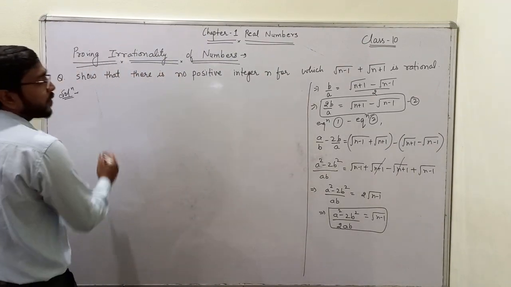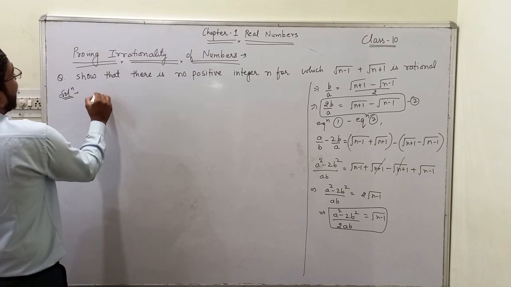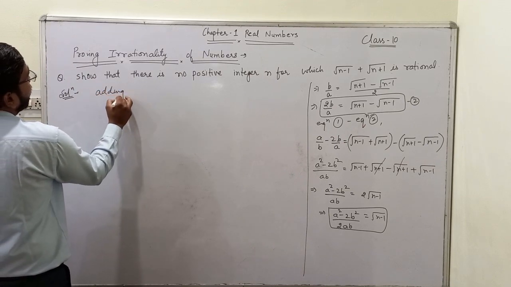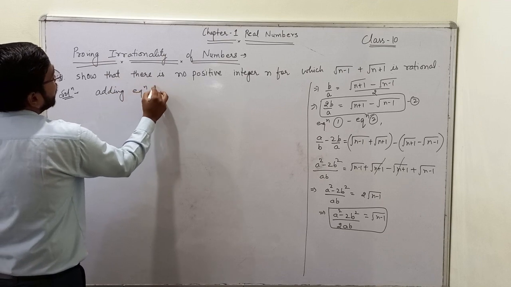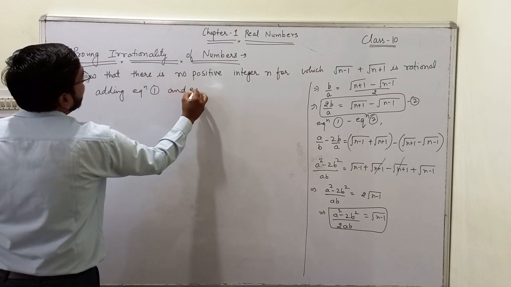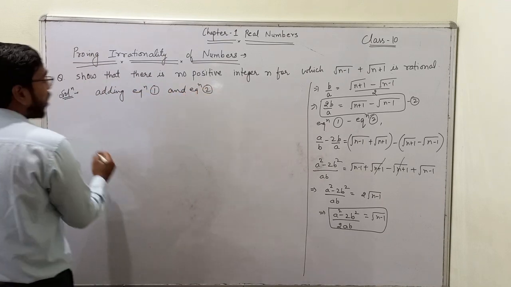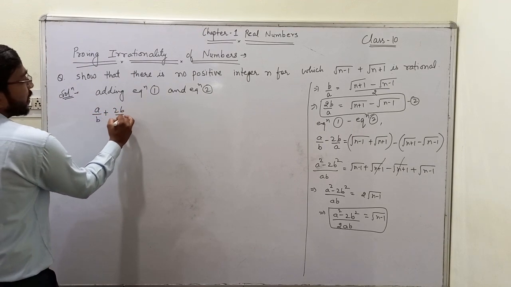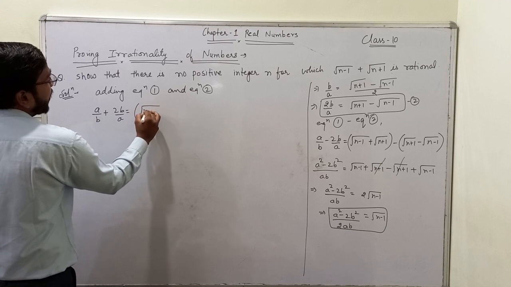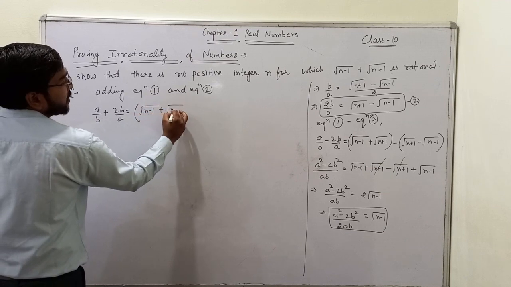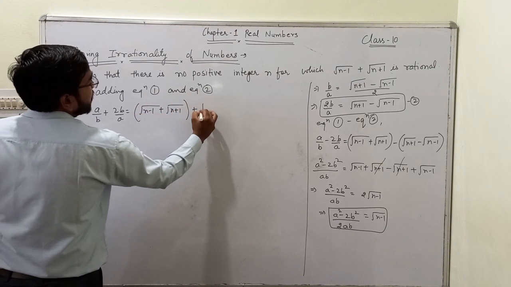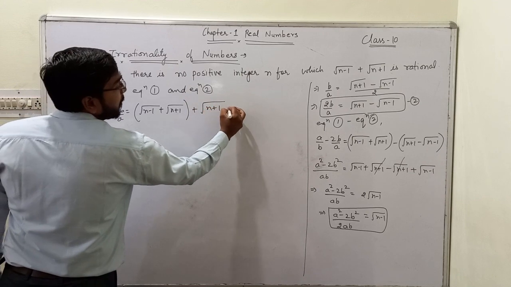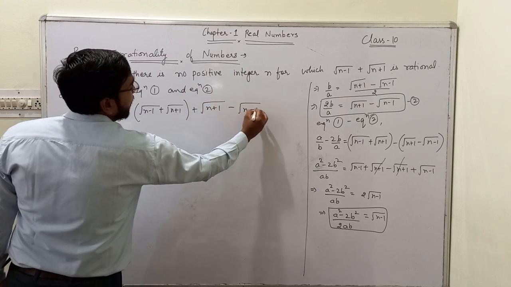Now look, if I would have added equation 1 and equation 2, I would have got a upon b plus 2b upon a equals to root over n minus 1 plus root over n plus 1 plus root over n plus 1 minus root over n minus 1.